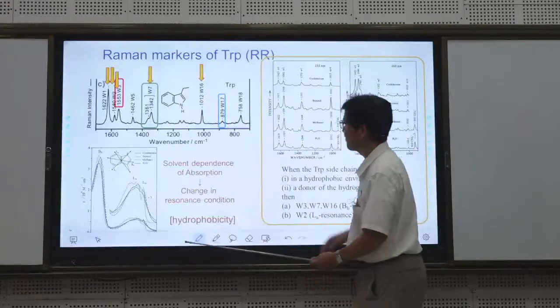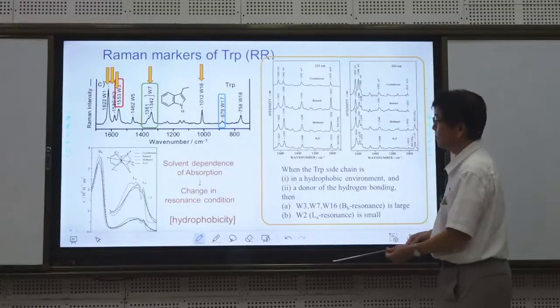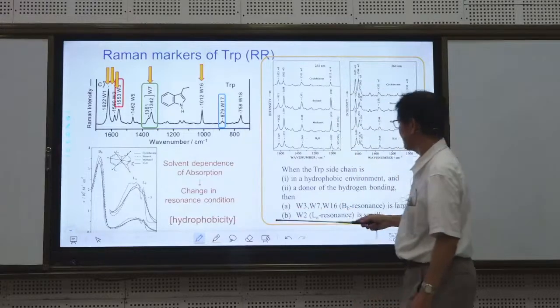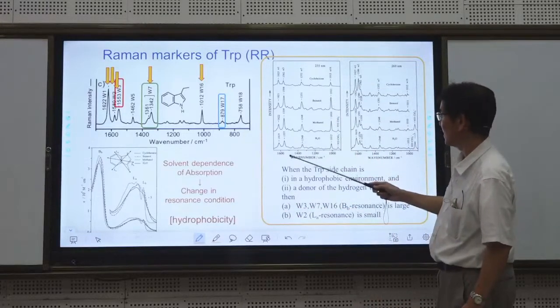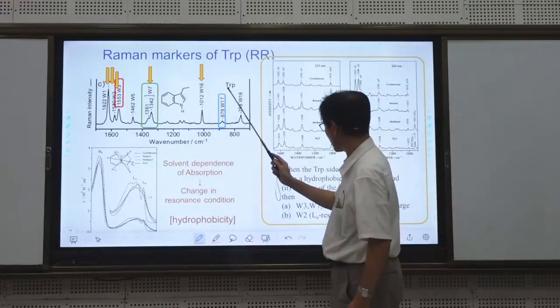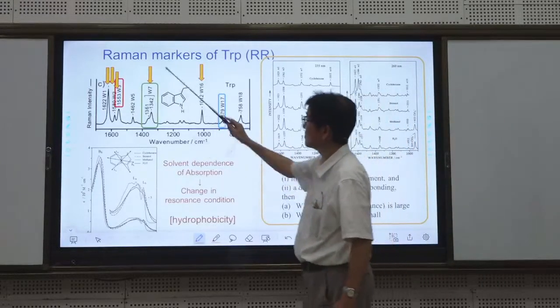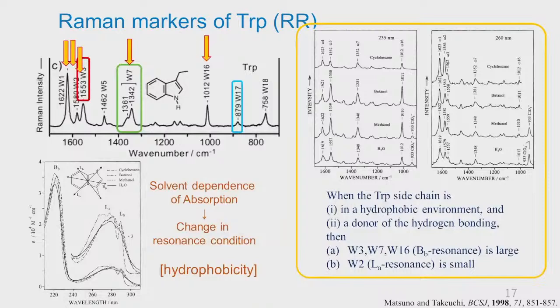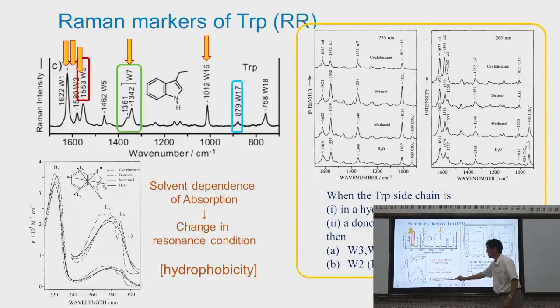And it is known that W2, W3, W7, W16 are related to hydrophobicity change, or sensitive to the change in the environment hydrophobicity.